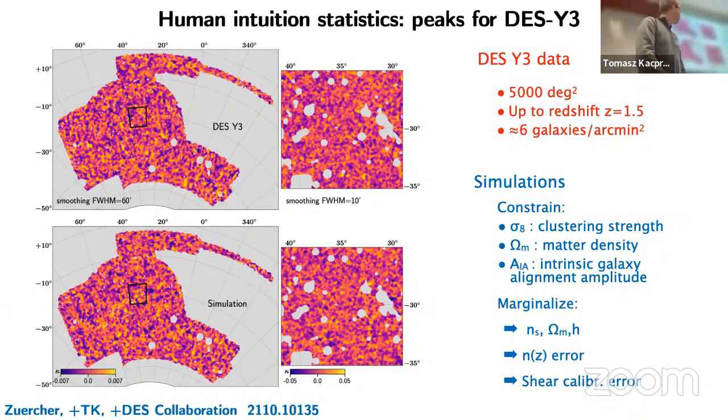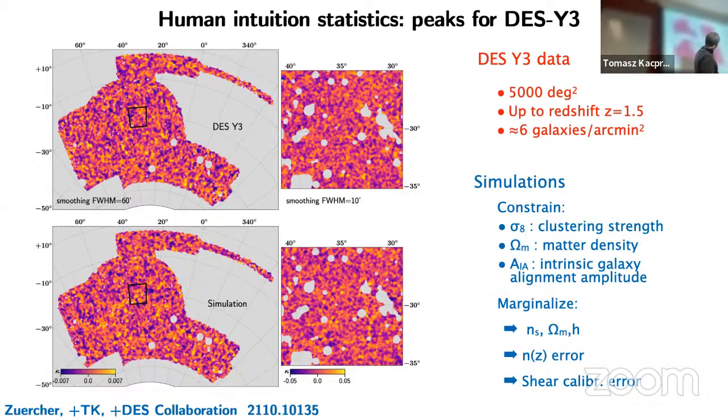So this paper was dedicated to shear peak statistics, which means that if we have these simulated and survey-measured maps, we can look at how many peaks there are. We identify pixels in the map that are higher than their neighbors. If you see this little cutout here, it will look like this.